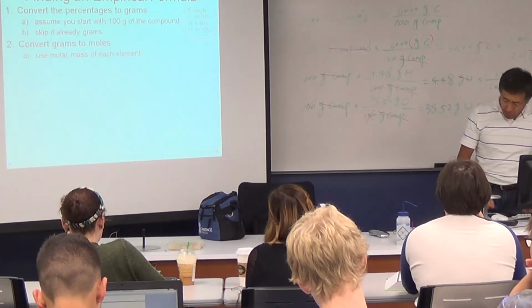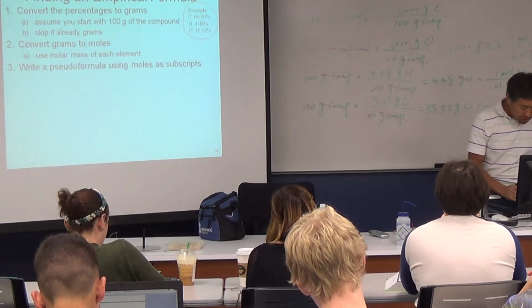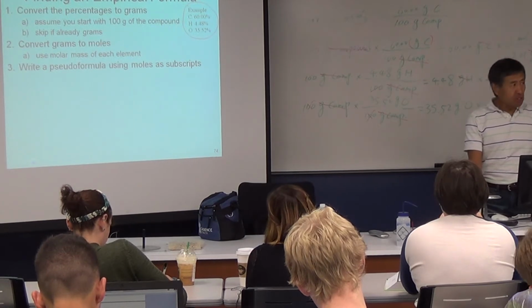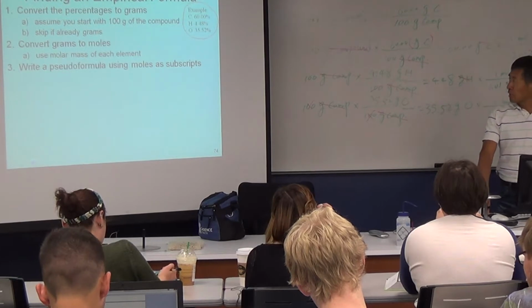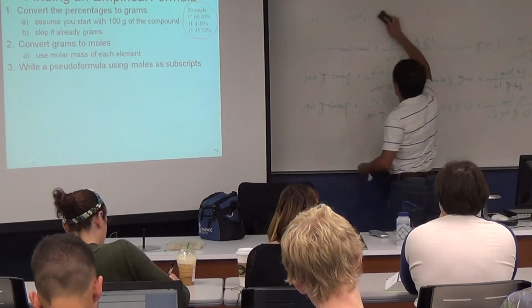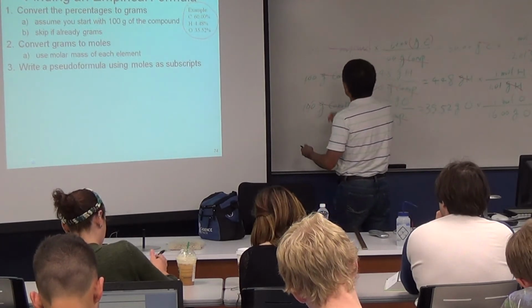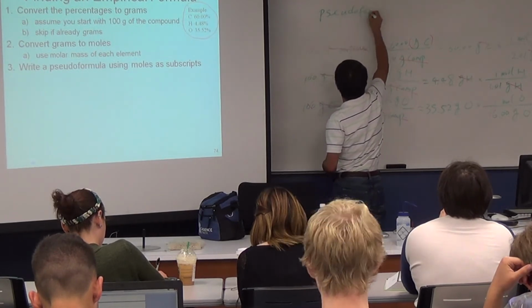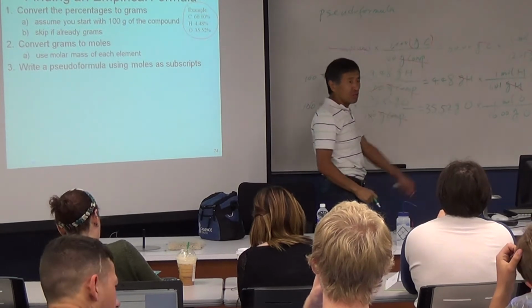Good. So then what we do next is use those moles to write a pseudo formula. What that means is you will not really get the final result for the formula, and you have to do something else. So let's write that up. We want to write a pseudo formula, just using the mole for each element.